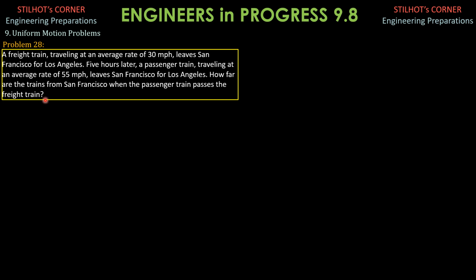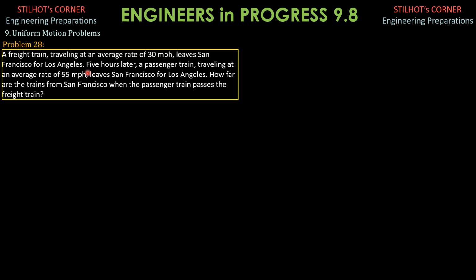So it means that the distance would be the same for this condition, when the passenger train starts to overtake the freight train. They have the same path. So the distance of the freight train is equal to the distance of the passenger train. They only differ in their travel time.